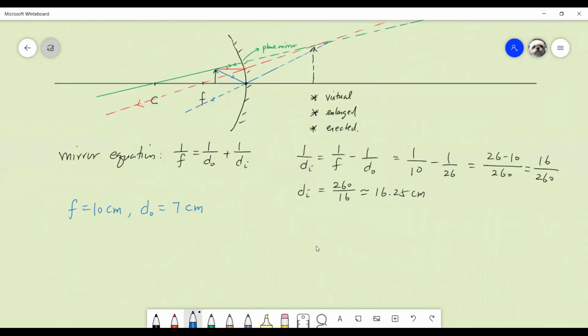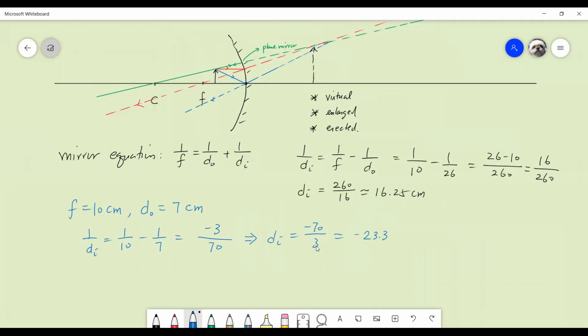Then I'm going to calculate the image distance. 7 minus 10 is negative 3, so 70 divided by 3, which will be negative 23.3.